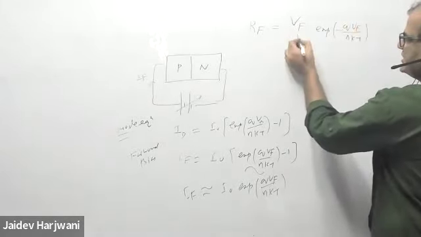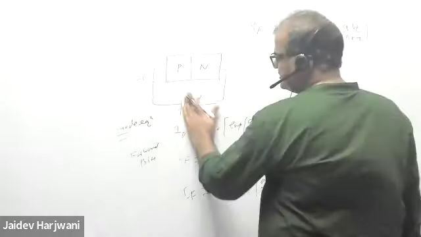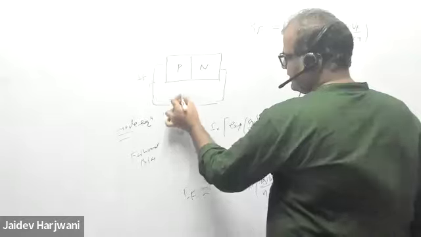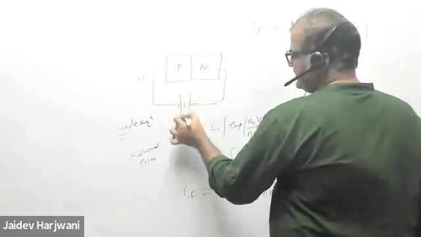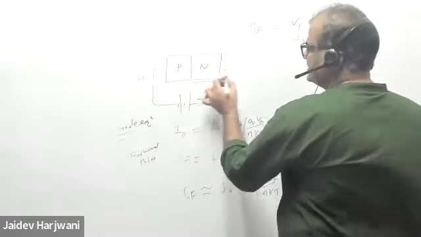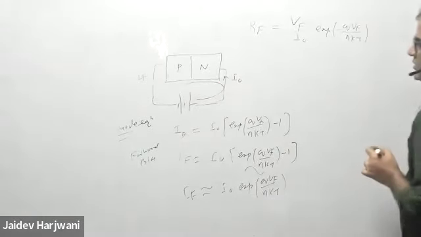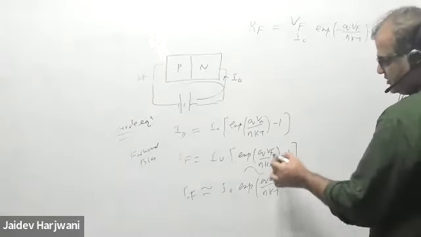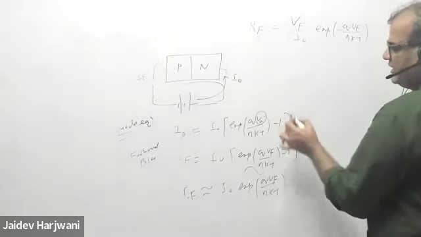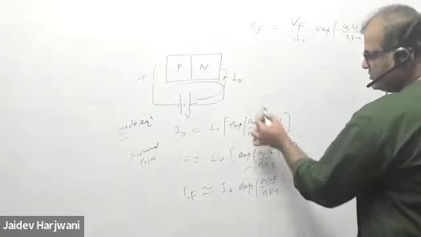Now what will the reverse resistance be? Whenever you apply reverse bias, that is minus here and plus here, then current flows like this, and that current is the reverse saturation current. Because the applied voltage becomes negative and very high, this quantity becomes zero.